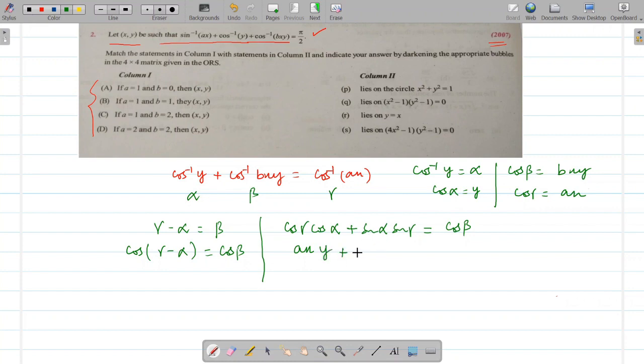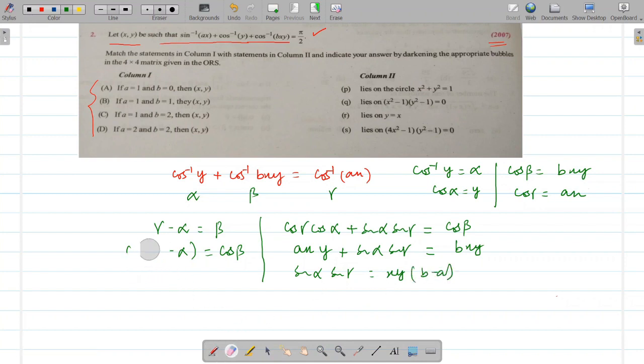Sin alpha and sin gamma we don't know, so as of now we leave them, and cos beta's value is bxy. So sin alpha sin gamma is equal to bxy minus axy, where we take xy common, and we get b minus a.